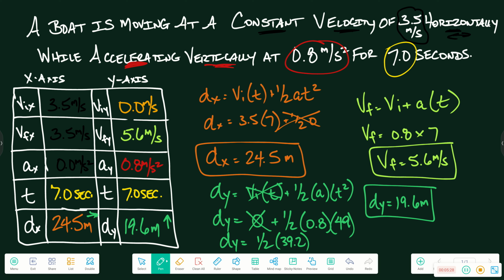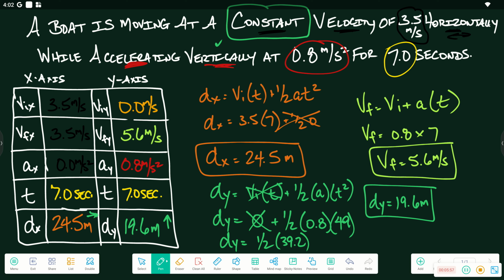Because some of you would have said, oh, a boat is moving at a constant velocity of 3.5 meters per second, and just filled that in as the initial velocity and asked, well, what's the acceleration? What's the final velocity? Not taking into account that constant means it's going to be the same, which means there's zero acceleration. And then this tells you vertically what it's doing acceleration-wise.